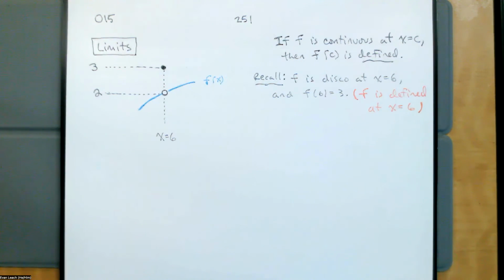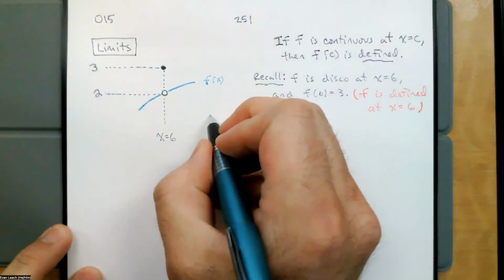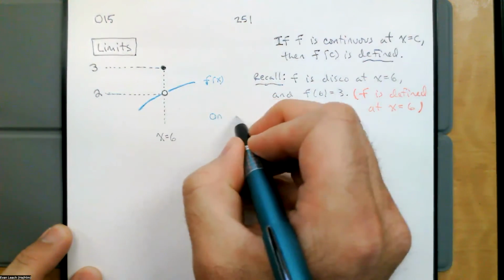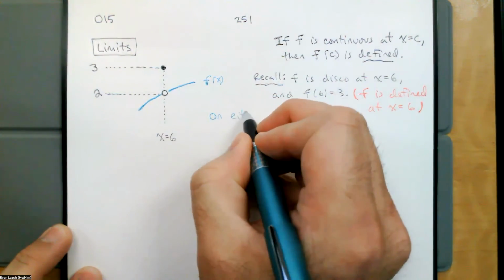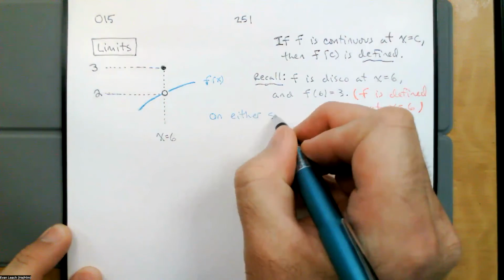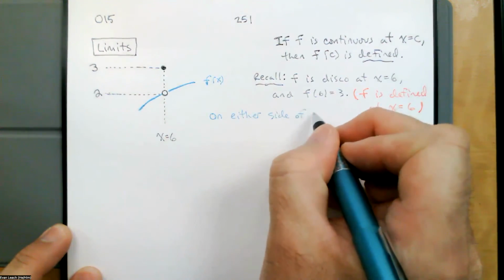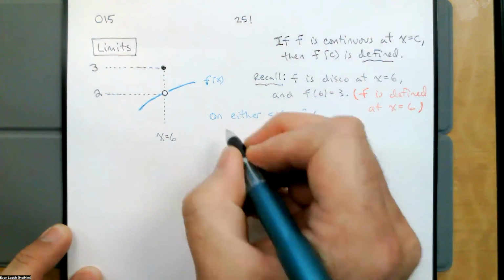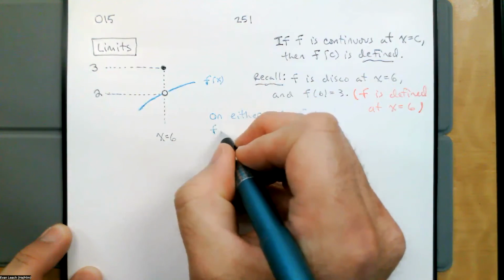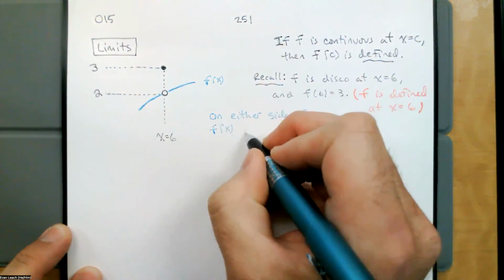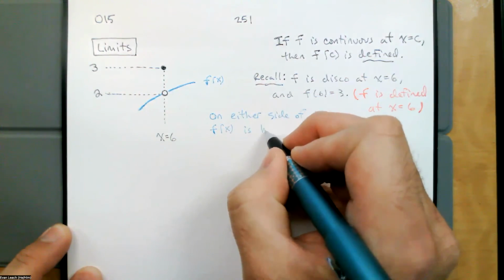From either side of 6, the values of f of x are headed towards 2.